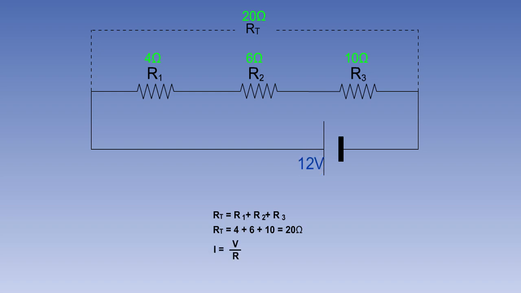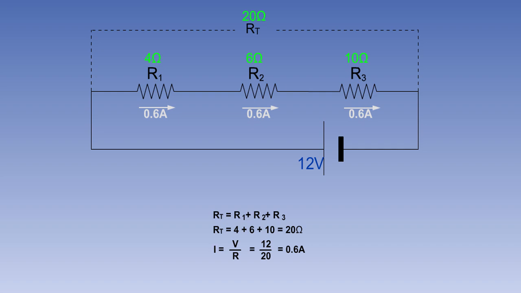To calculate the current flow in the circuit, Ohm's law can now be applied. I equals V divided by R. So the current is 12 divided by 20, which equals 0.6 amps. This current will flow continuously through all three resistors.